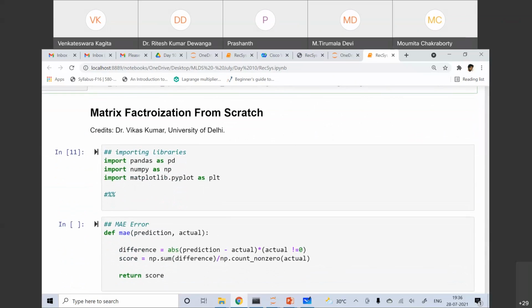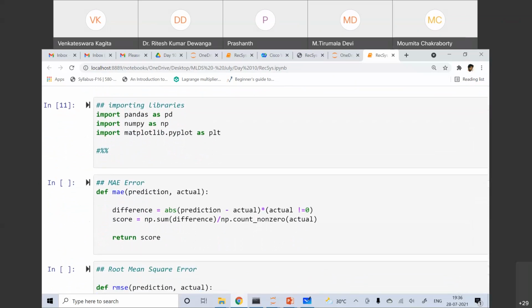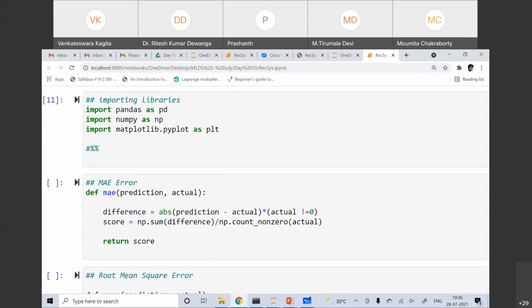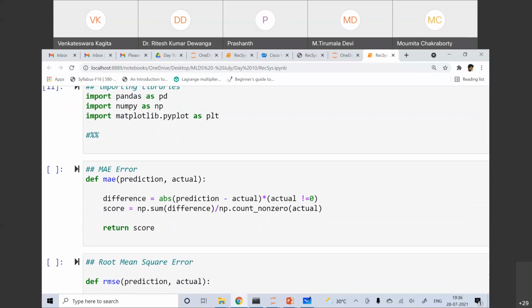So these are the libraries that we are importing, different libraries that are required: pandas, numpy, matplotlib. And this is the MAE error that I am defining, which is the absolute difference between the true rating and the actual rating for all the instances where the observed entries are present.